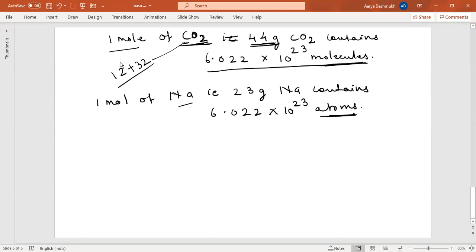Now 1 mole of different gases, when you apply this to volume, is again a very important part to be discussed.